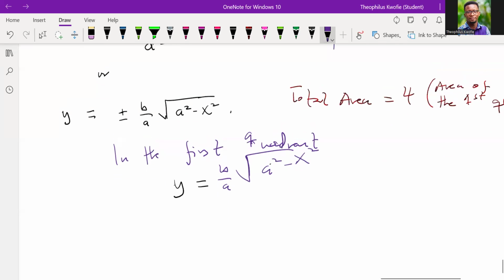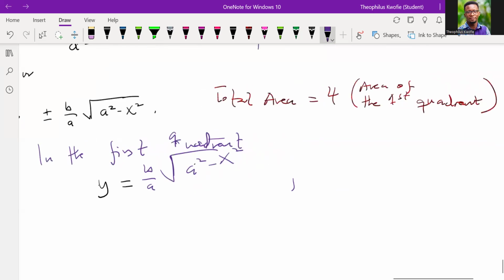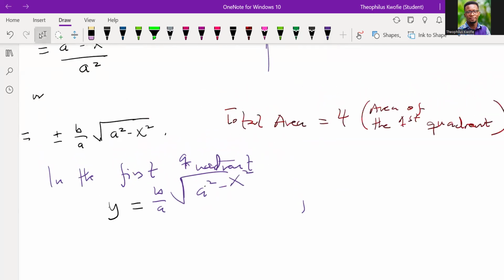All right, so that's what we are having. Good. So now this is what we are having for the y. Now we also want to make sure that my x will lie within this region 0 and a.